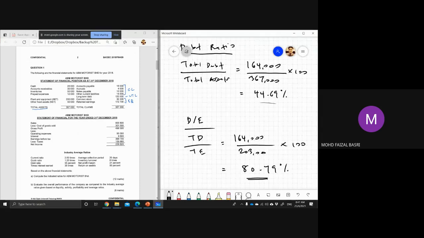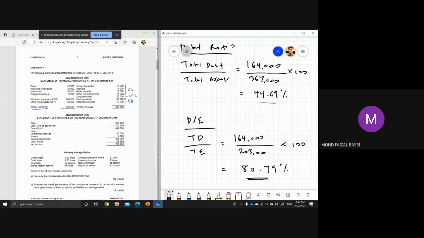Okay, or else it's hard to comment, basically, whether it's good or bad, right? Because different industries will have different rules of thumb in terms of the ratios.